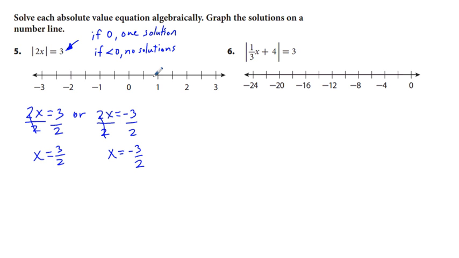So 3 over 2 would be right here, 1 1/2. And then on the other side we have negative 3 over 2. Those would be our solutions, and we've graphed them. And you can plug these back in. If you multiply here, you'll get negative 3 or 3, depending on which solution.